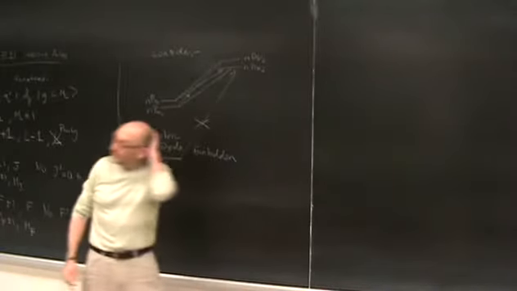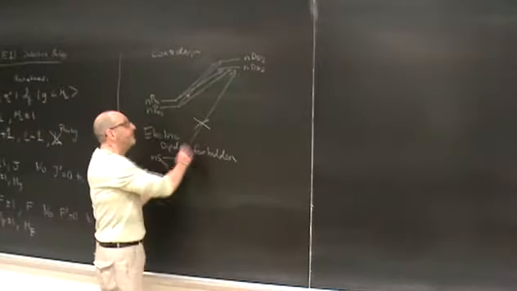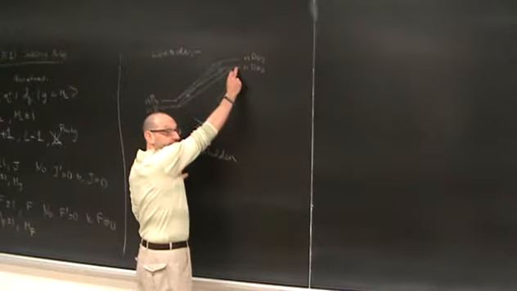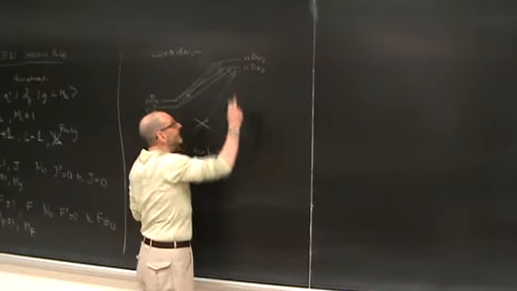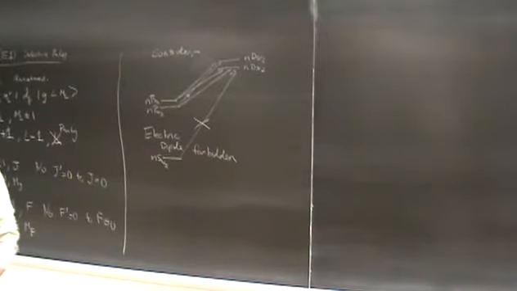But suppose I shine light at this frequency, resonant at that transition. What will happen? Well, as you said, it's electric dipole forbidden. But that doesn't necessarily mean it's completely forbidden.